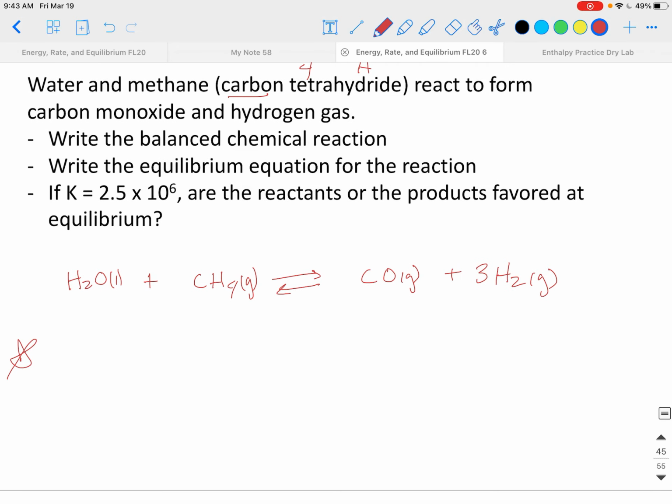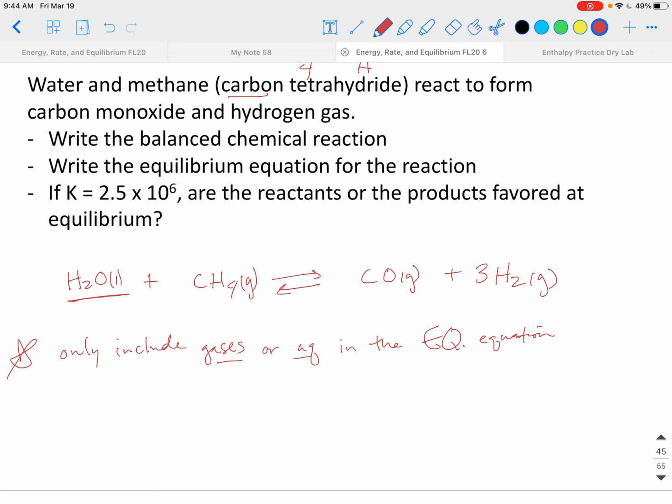I'm going to put a star by it. You only include things that are gases or aqueous in the equilibrium equation or expression.